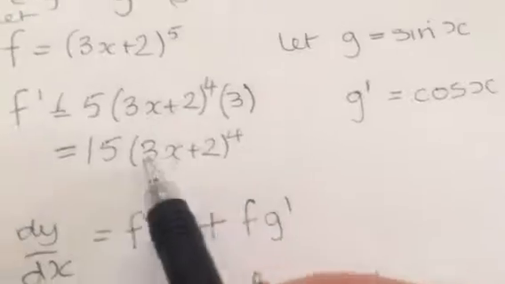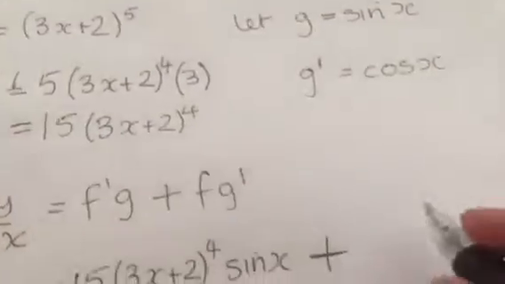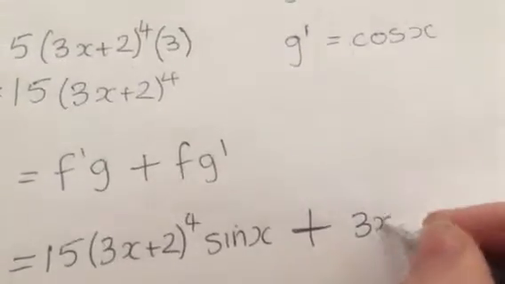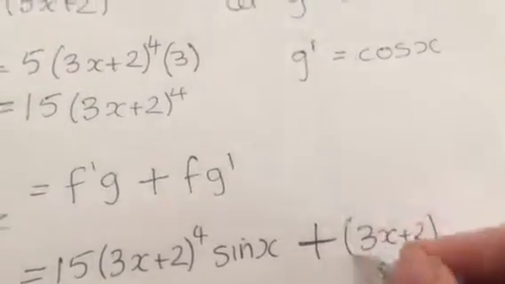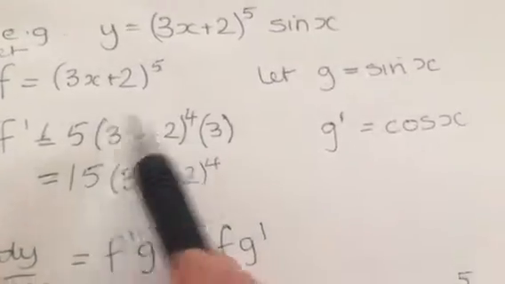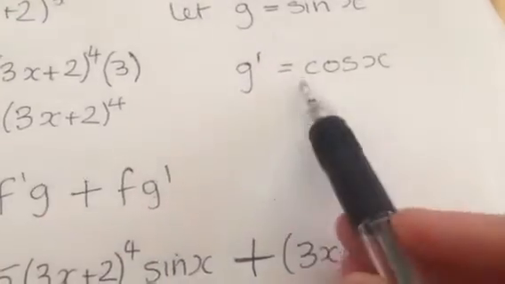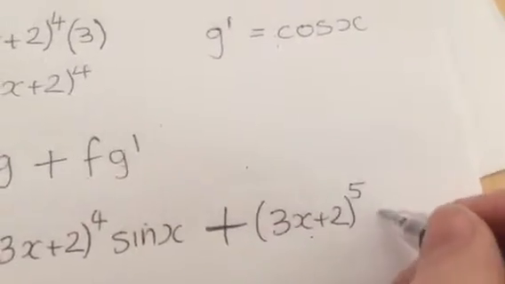So it's f, so I look for f. Here's f, carefully labelled, (3x plus 2) to the 5. Double check, no copying errors, that's f, that's correct. And then g dash, f g dash, so g dash is here, which is cos x.